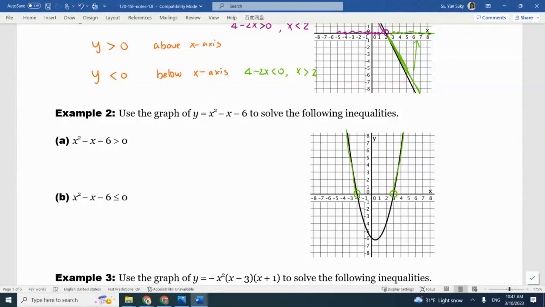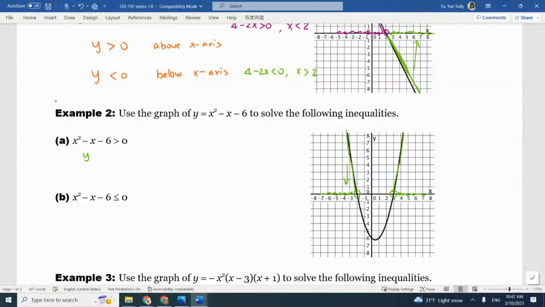Right? And when you project down, okay, look at the shadow. Do you see we get less than -2 or greater than 3? Can you see from the picture? So those are the x-axis values.